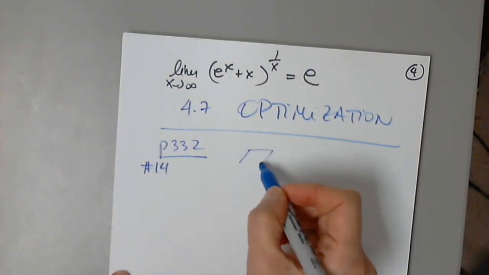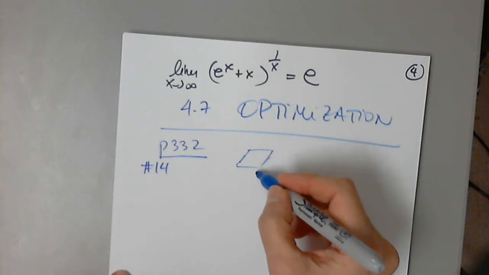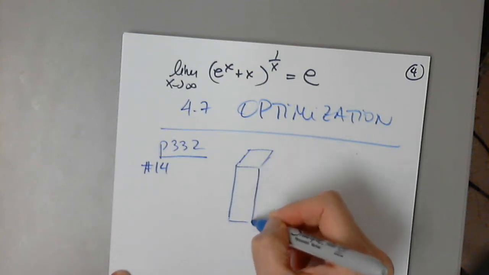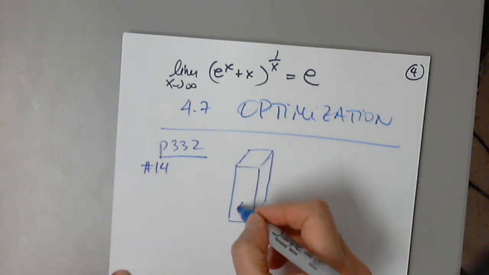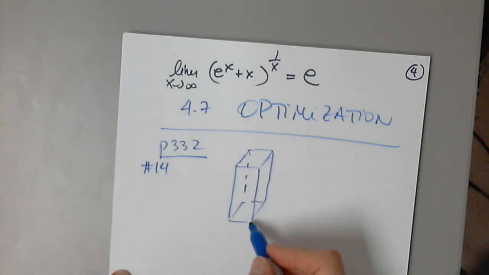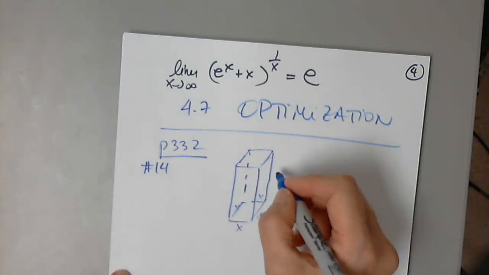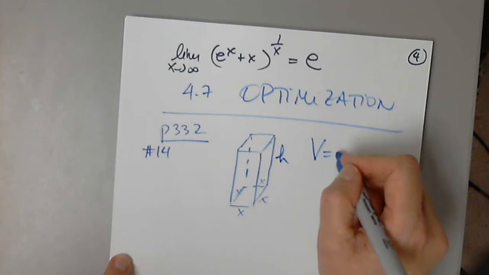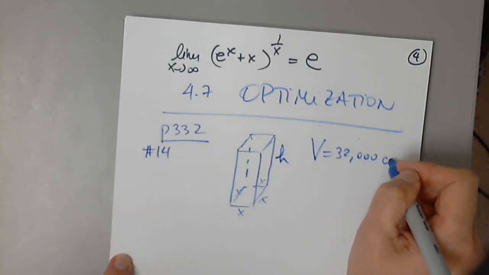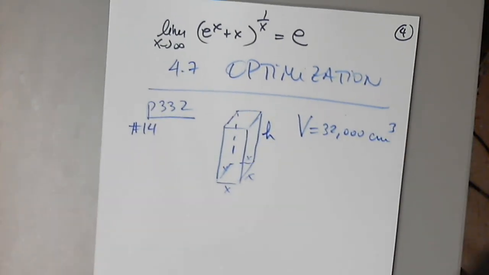So here is such a box. x, x, and h. The volume is given to us as 32,000 cubic centimeters. That's all we know. We know that there is a box with a square base, open top, it doesn't have a lid.